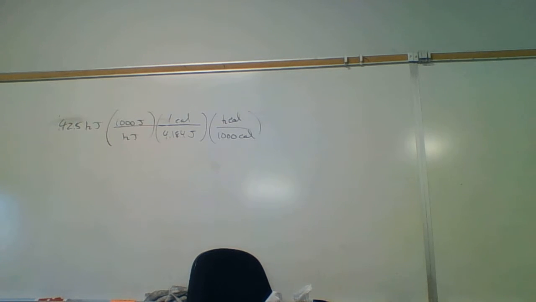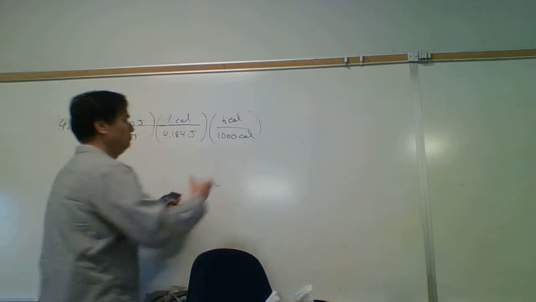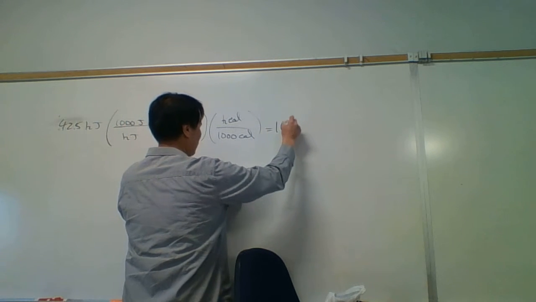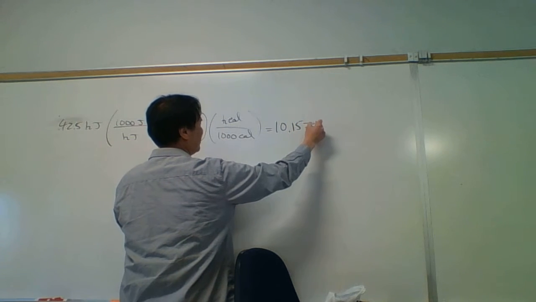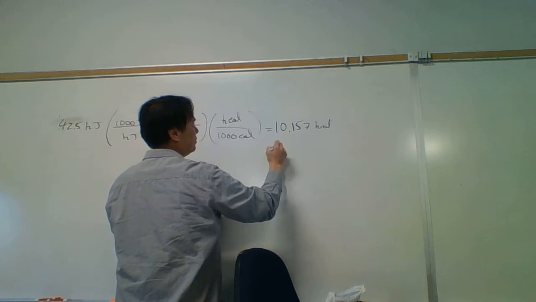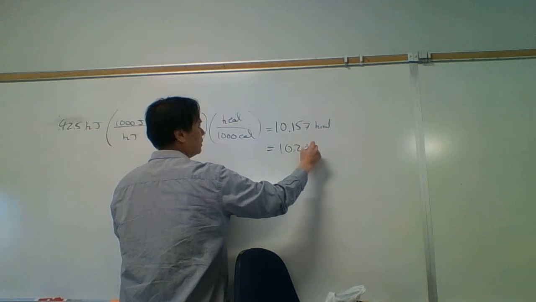What is the answer? 10.2 kilocalories. Let me just check that because they don't round. So I want to check the rounding step. 42.5 divided by 4.184, I get 10.157 kilocalories, which we can round to 10.2 kilocalories.